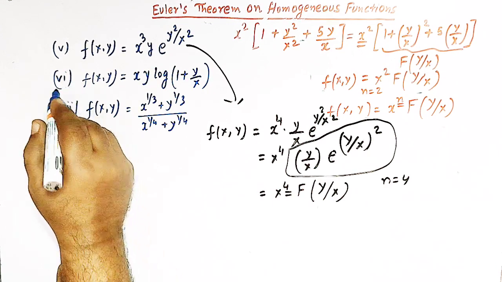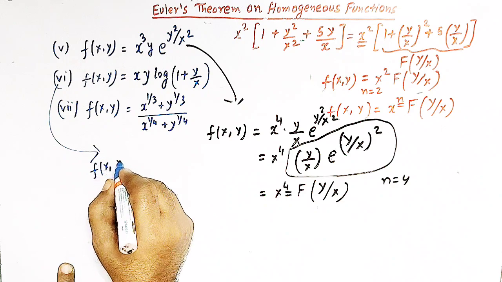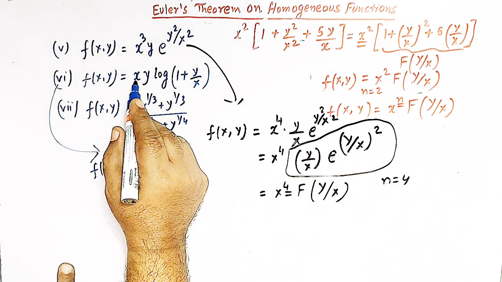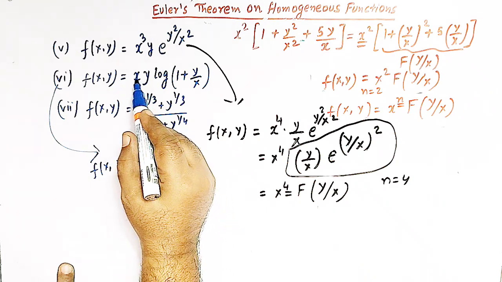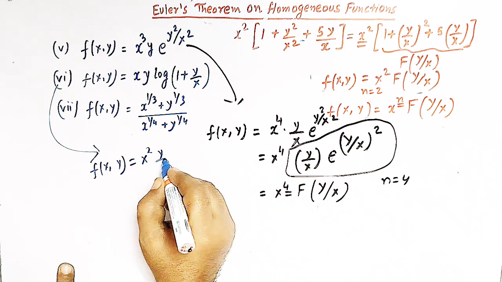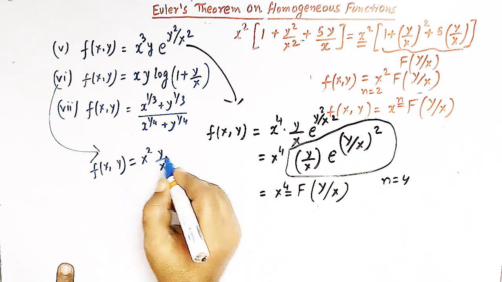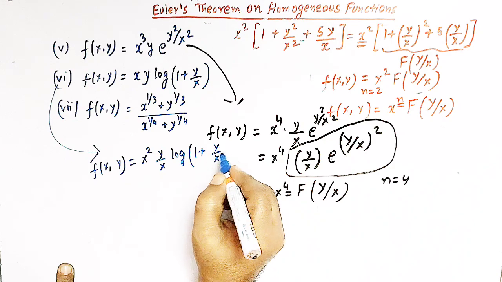So now in the sixth example, we can write f of x comma y, and here we have x times y, right? So we can again multiply and divide by x. So we have x squared, then we have y over x, and then we have log of 1 plus y over x.